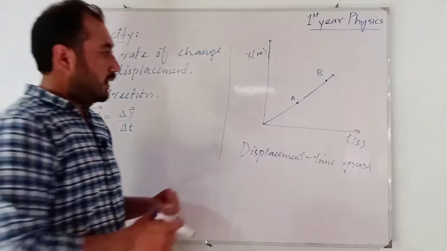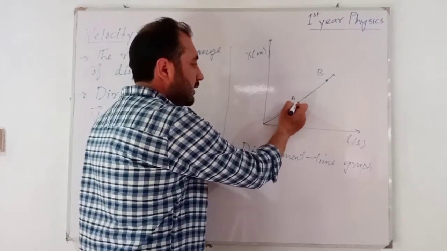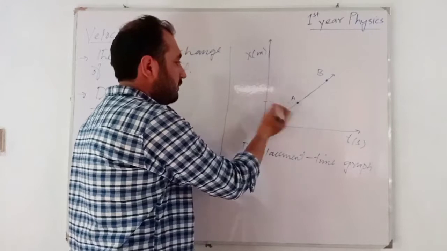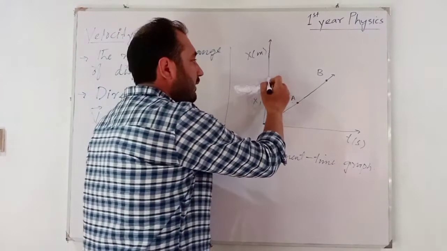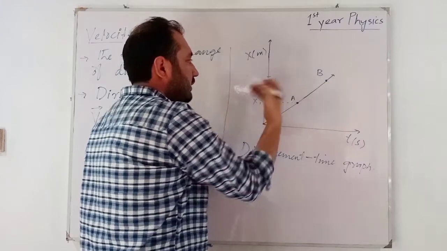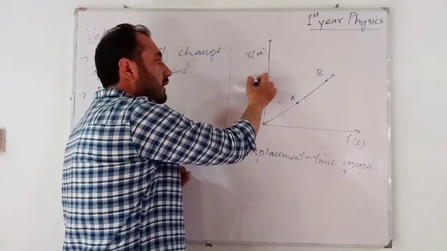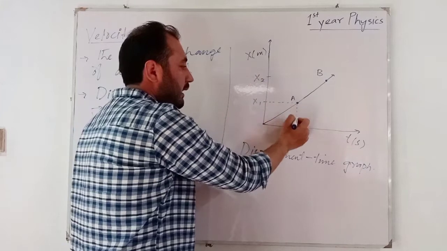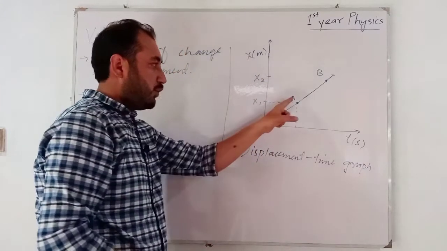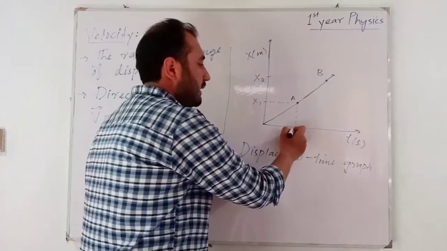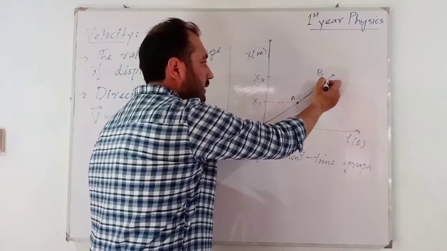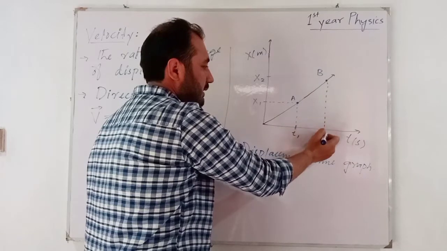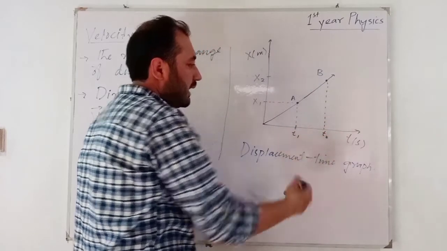Over here, point A corresponds to some value of displacement, and let's call that x1. Similarly, the final point corresponds to some other value of displacement, and let's call that x2. Similarly, when the object was at point A, let's say the time taken is t1, and after reaching point B, the time passed is t2, right?